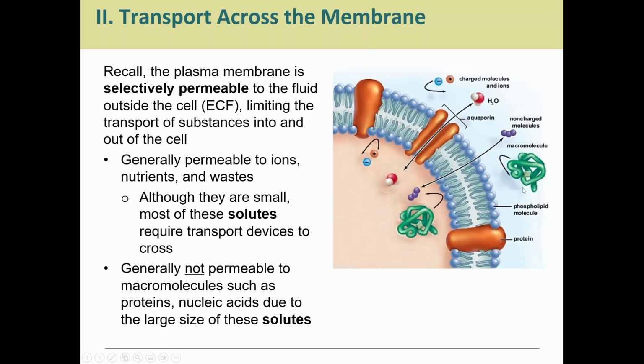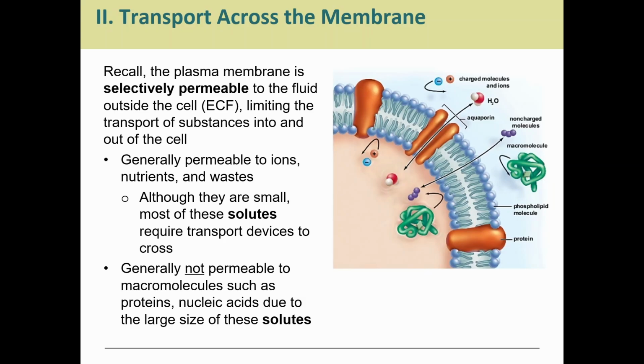So those are the rules: if you're large or have a charge, you're going to need another way in. If it's something small and without a charge, like carbon dioxide, it can simply pass between the phospholipids, like this little one in purple. I don't know what it's supposed to represent, but it can pass right through between those phospholipids, no problem.